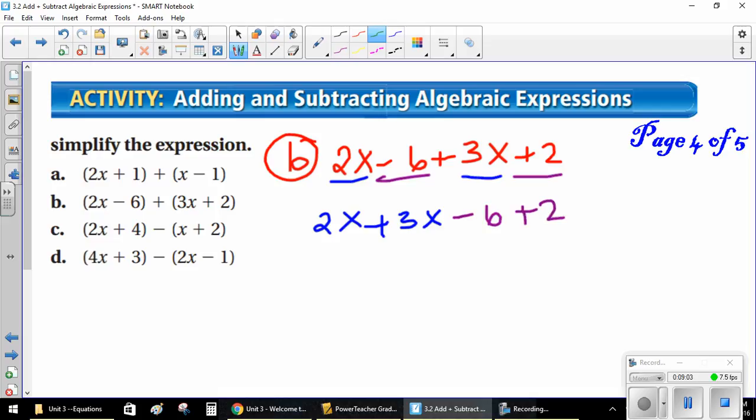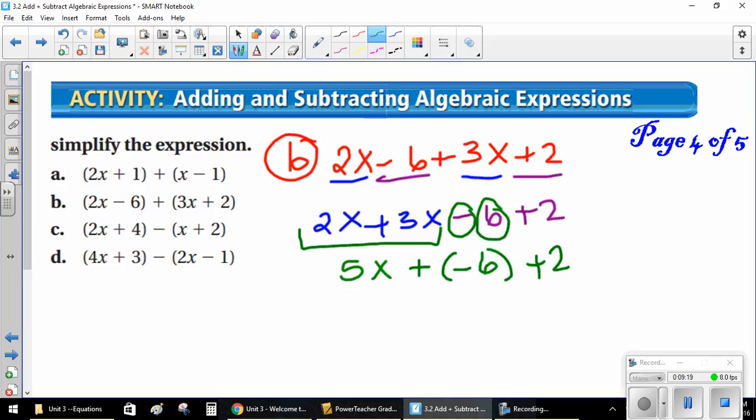I am going to combine my variables to get 5x, and at this point, minus 6 plus 2 is the same as if I change this to plus, and I change this to its opposite. Okay, and now I'm going to combine those two. So 5x plus negative 6 plus 2 is negative 4 because my signs are different. Okay, at this point, I'm going to erase the screen. If you need to, pause.